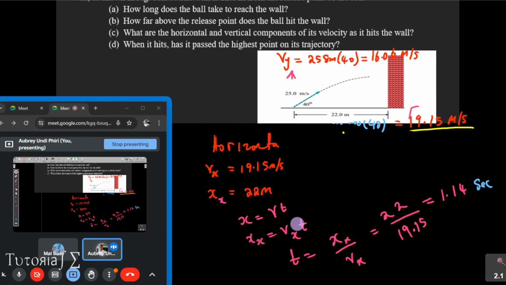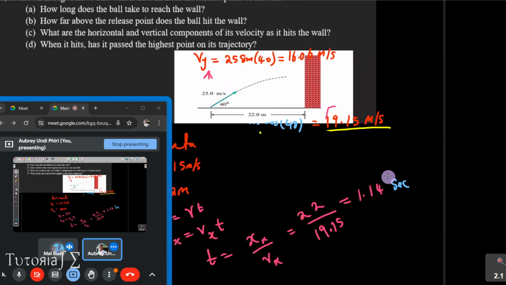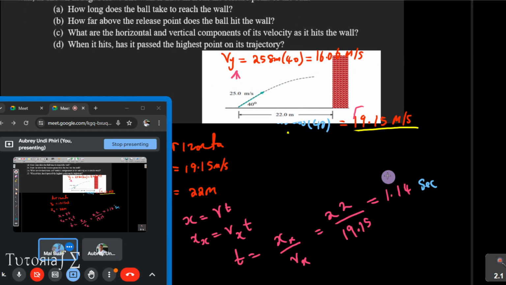They're asking for the height at which the ball hits the wall, no?